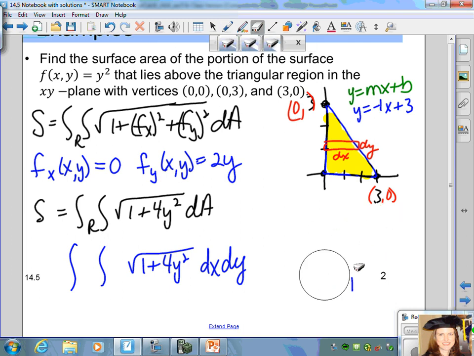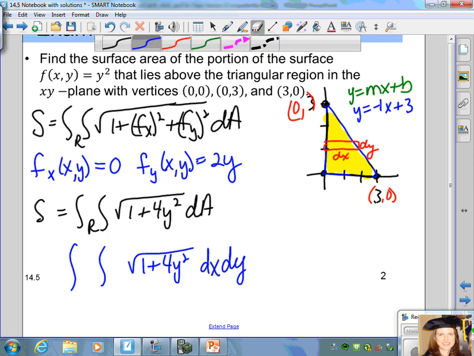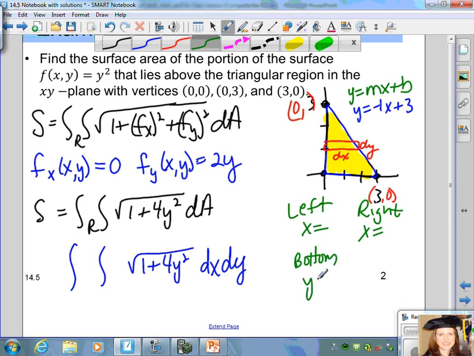Okay, I'm going to erase this so I can have some space to write out the bounds of integration. Since it is a horizontal rectangle, we need to determine the bounds for x first: the left x and the right x, and then the bounds for y, the bottom y and the top y. Looking at the representative rectangle, the left side of that rectangle is x equals 0.